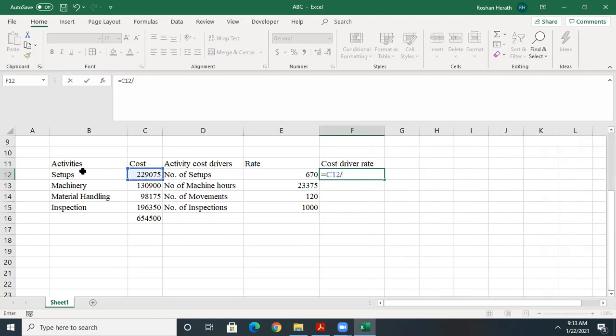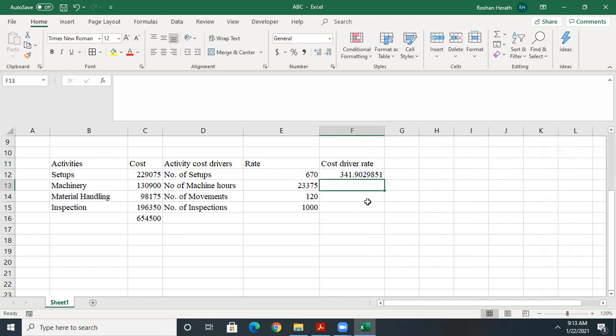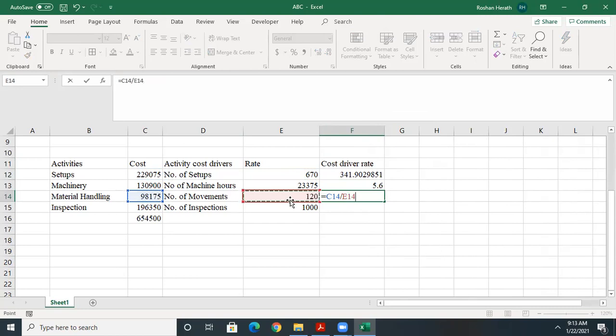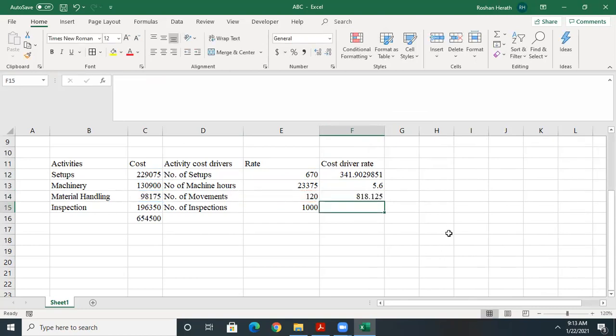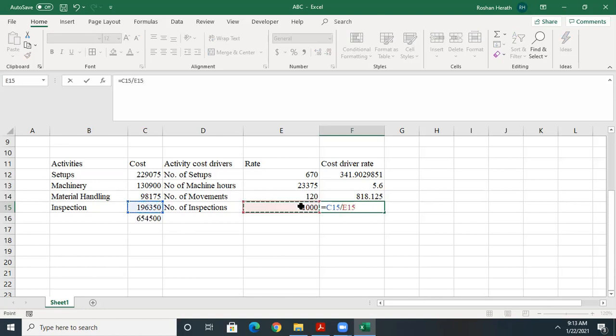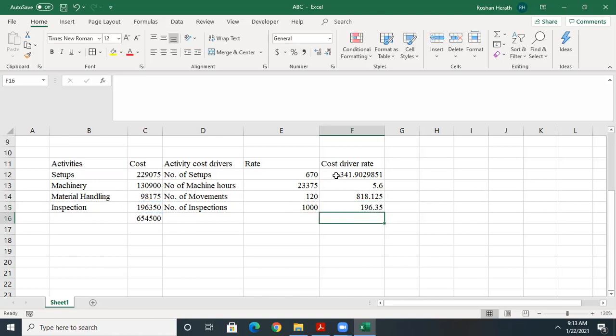You take the cost related to the setup divided by the number of setups. Similarly, machinery divided by the number of machine hours, per machine hour. Material handling divided by the number of movements. And inspection divided by 1000. Let us take that to 2 decimal places. Okay, so this is the situation.